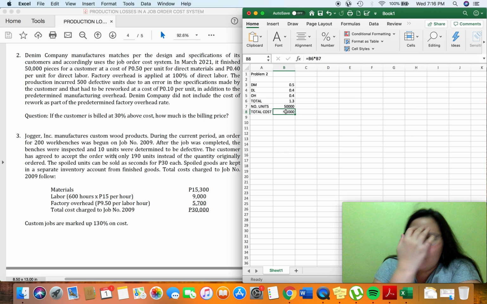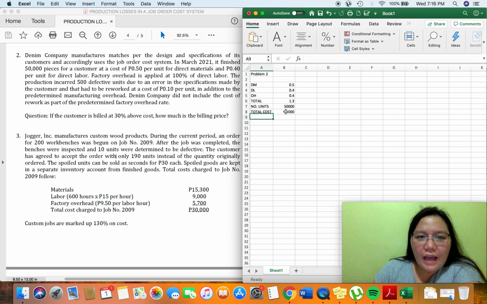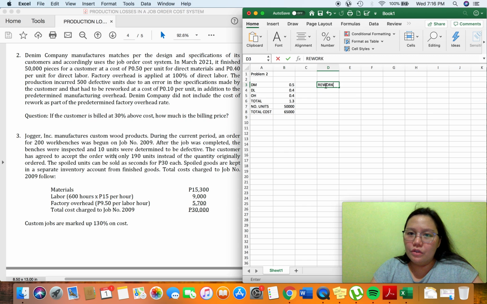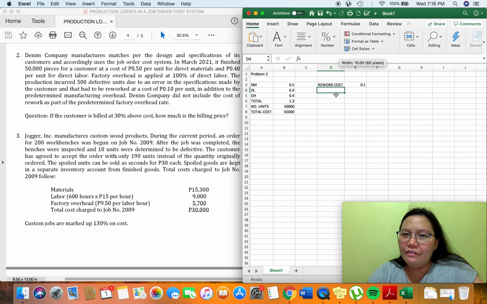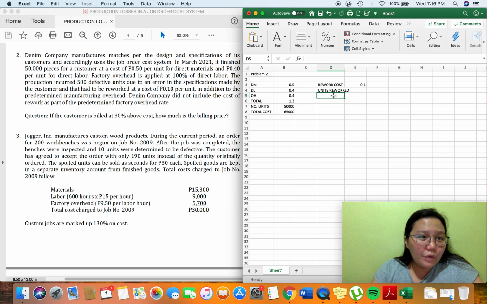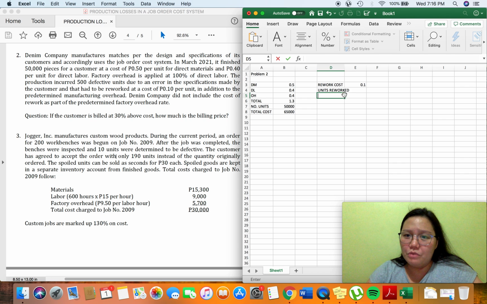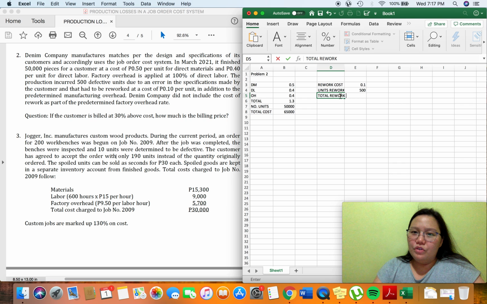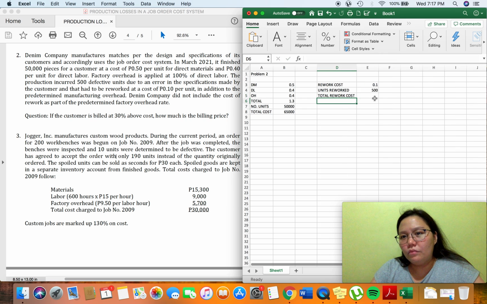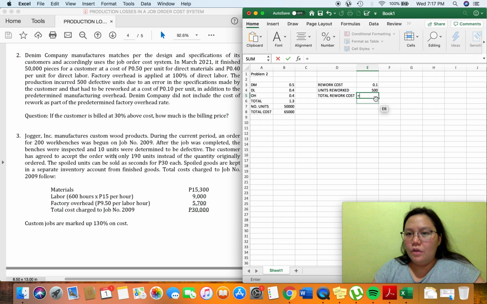Now, for the rework cost, since we have to rework, we have to compute the total rework cost. So the rework cost is equal to 0.1 per unit, and we have to rework 500 defective units, and therefore the total rework cost is equal to 50.